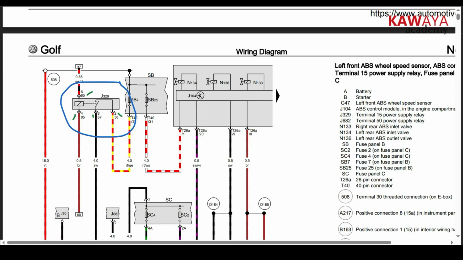So basically 87 goes to the load, this black wire. 30 has power that comes from the battery. I think you can see how power is coming like this to our point 30. Okay, we have point 87 goes to the load. Then this is a switching point. Okay, that's the switching point in the relay.